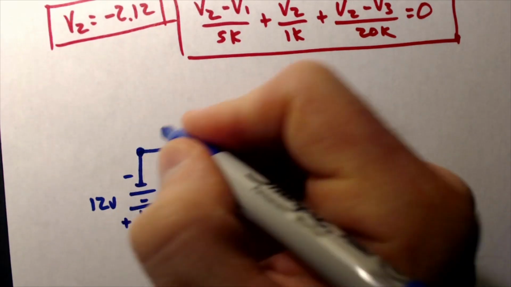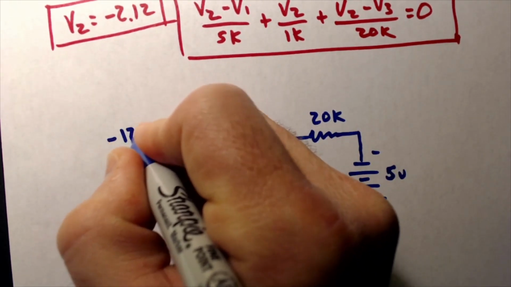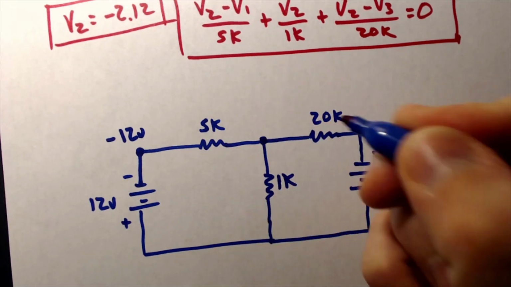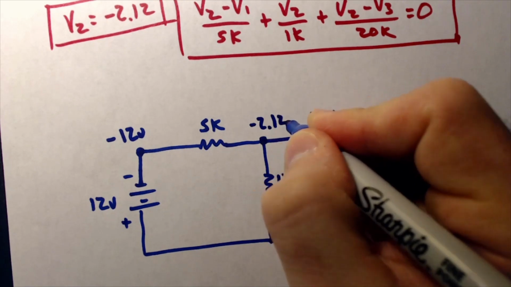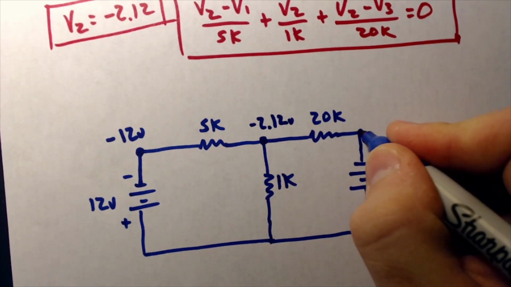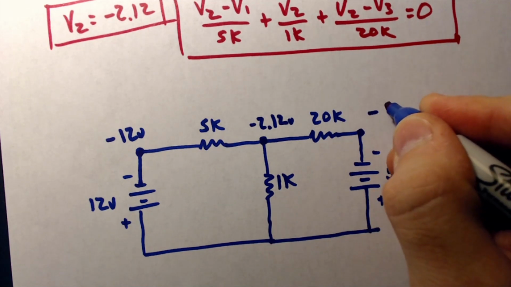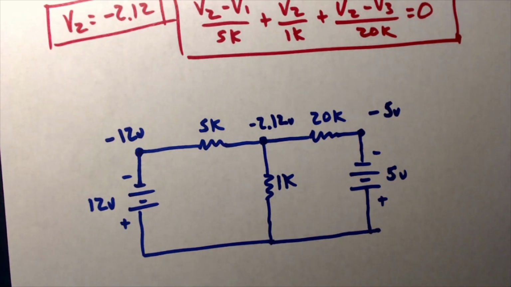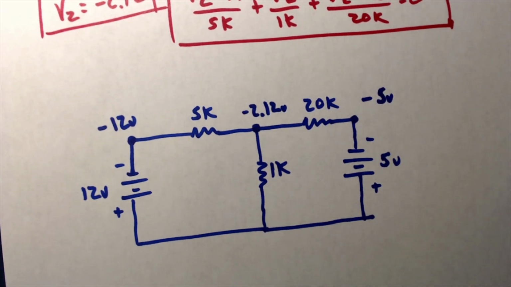So at this point we had minus 12 volts over here, that's the one we solved for, minus 2.12 volts, and over here we had minus 5 volts. Cool. Okay, so again, let's go ahead and look at what the current's doing here.